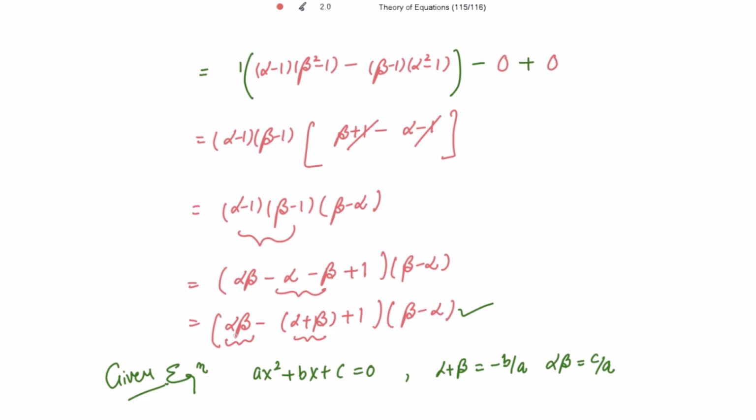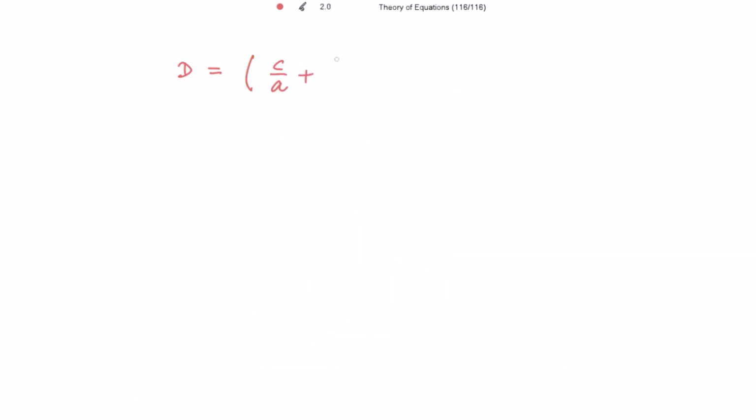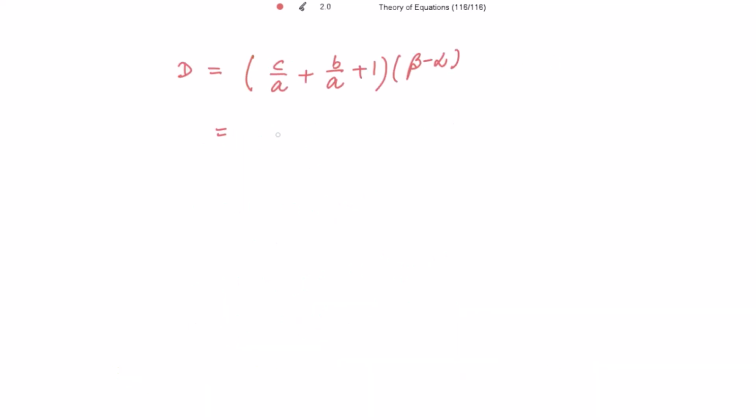So we are getting D is equal to the product alpha beta, that is c by a, minus the sum alpha plus beta, that is minus b by a, that becomes plus b by a, plus 1, into beta minus alpha. So that is a plus b plus c divided by a, into beta minus alpha.